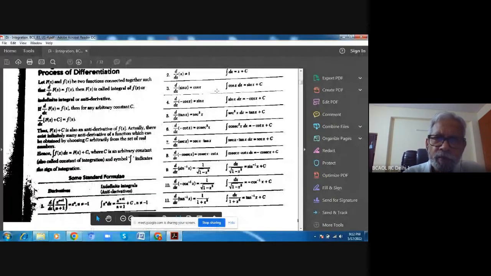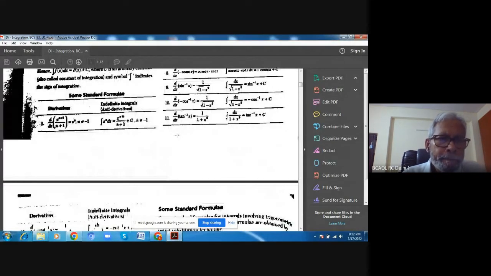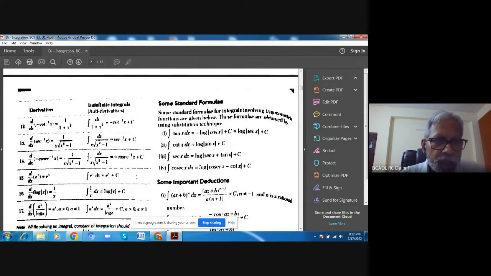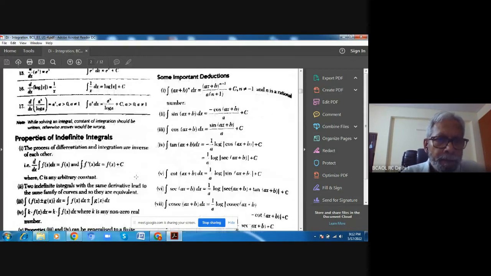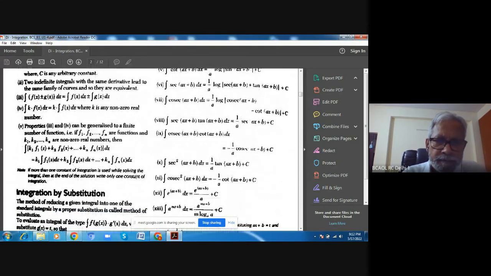All this formula is here. Here actually formula number 2 and 3 is important. Dy by dx, all these formulas you can get in your study material also, that integration formula and differential formula.